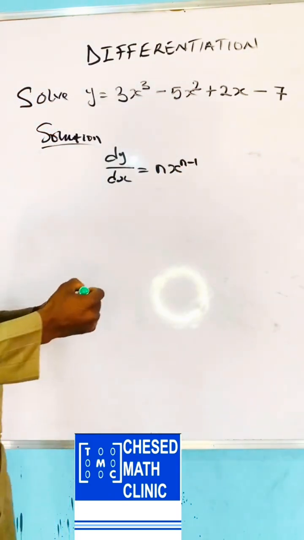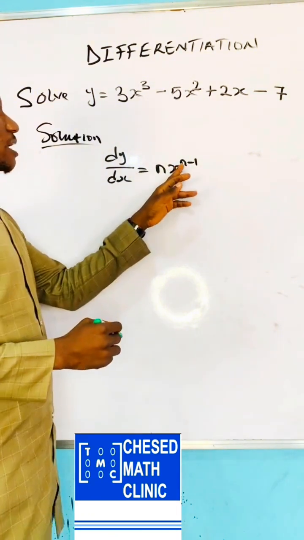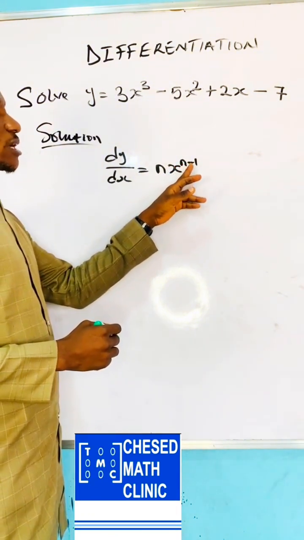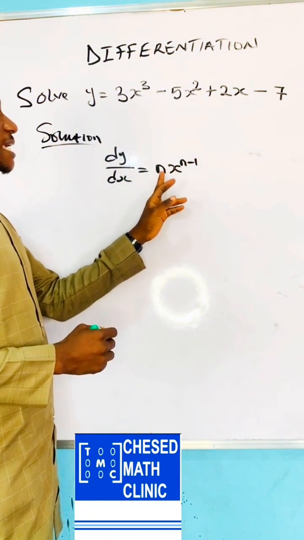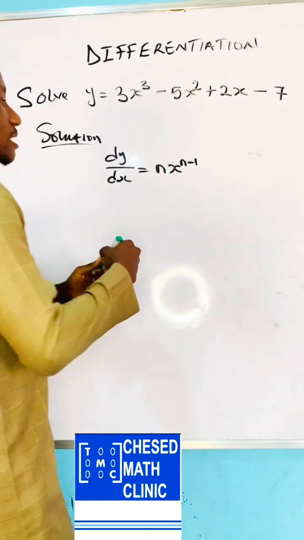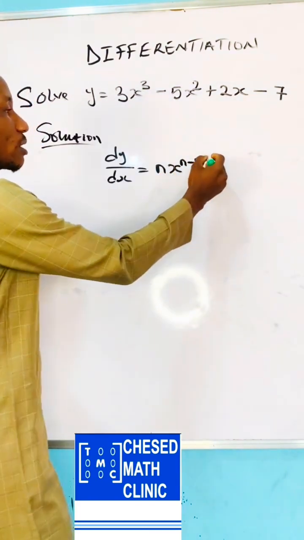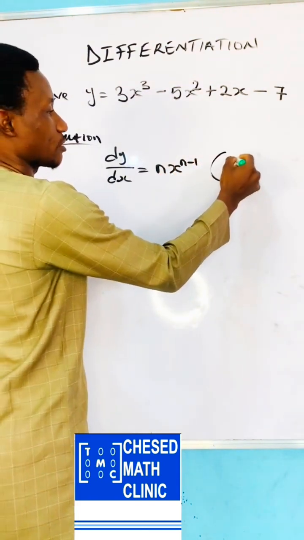So if the power here is whatever number, we subtract 1 from it and we multiply by the x. This can be referred to as case 1. Let's call this case 1.